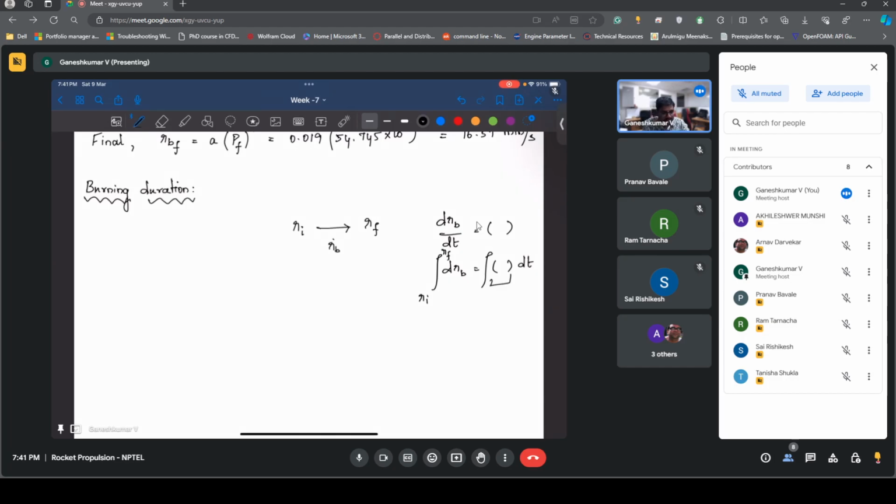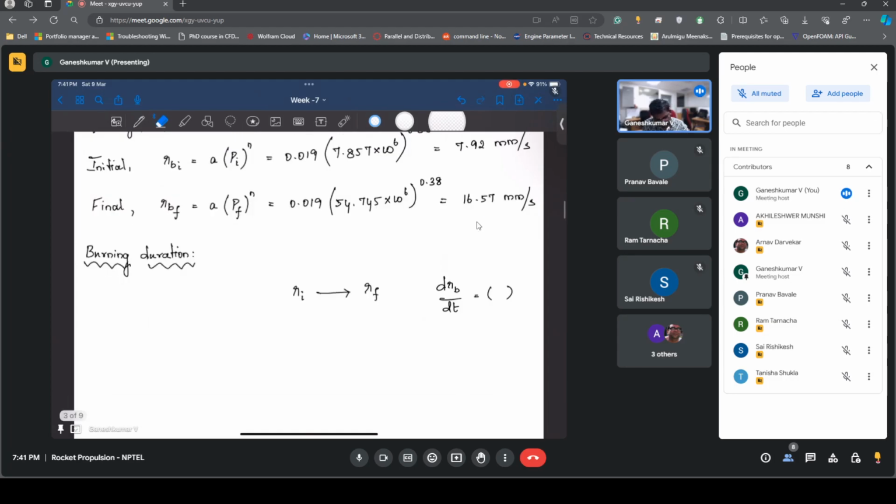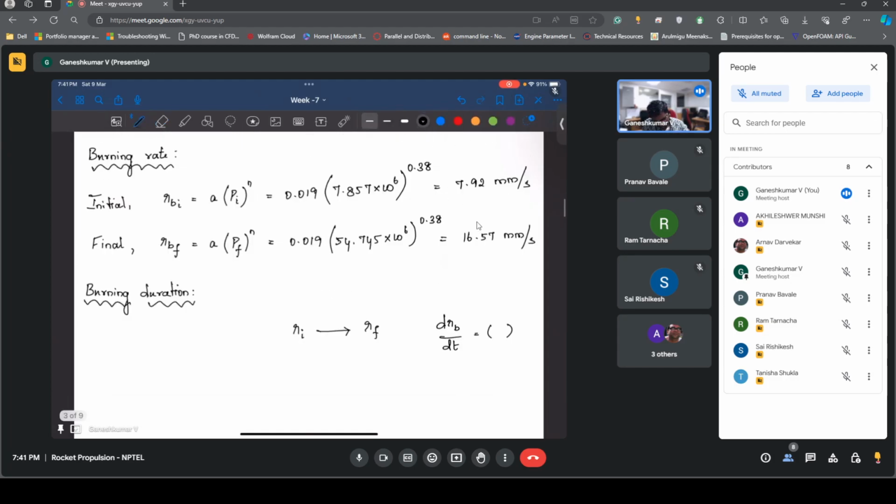But this is not a constant value, it's a function of pressure, which is also a function of time. But the spirit is right, basically. Only thing is we need to be a little careful while doing this. You cannot take burning rate to be constant, because burning rate is also increasing from 7.92 to 16.57 millimeters per second.